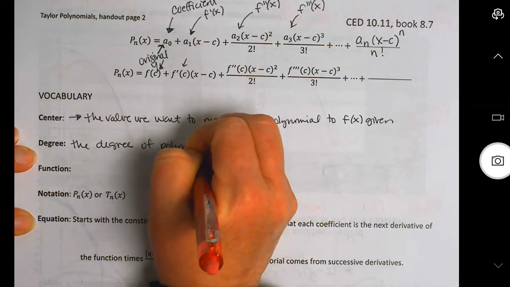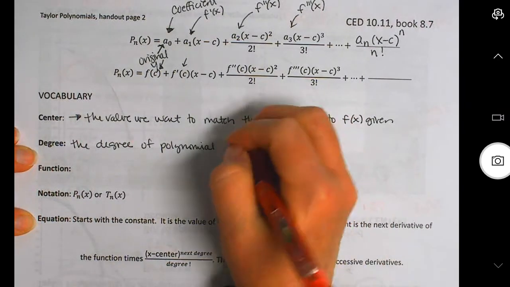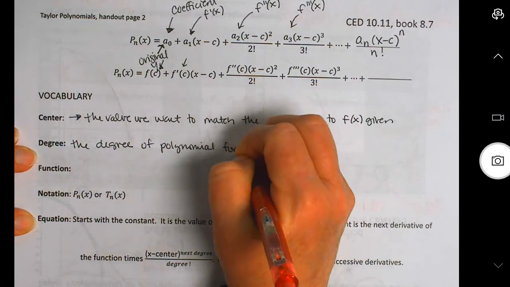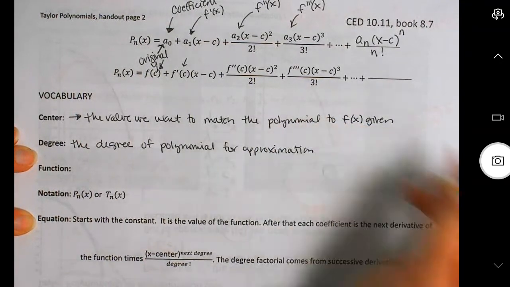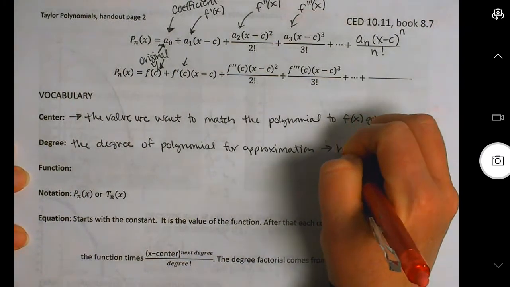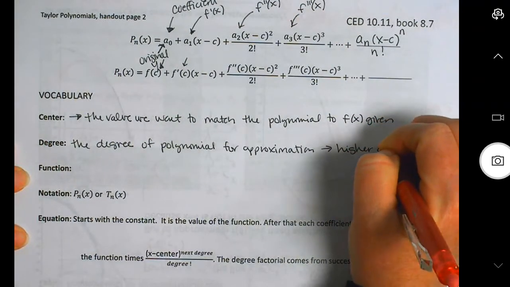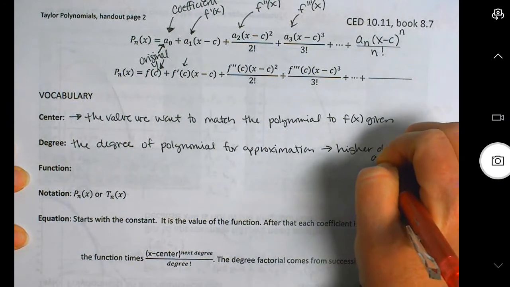The degree of the polynomial for the approximation. I like handout notes. Well, that's a lot of writing. Mm-hmm. That function is a lot of writing. And you said the higher the degree, the better the approximation. Yep, higher degree. Better approximation.